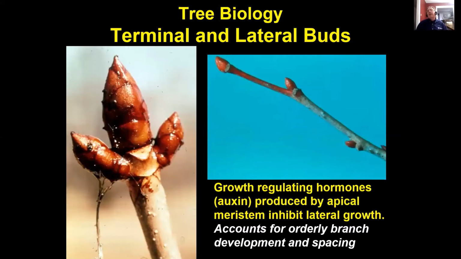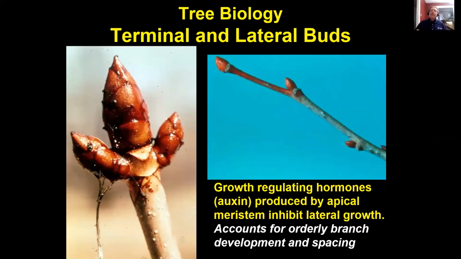The other thing we've got to understand biologically is there's communication going on within the plants. It's done through hormones, and the terminal buds, the buds at the tips of branches and at the tip of the central leader, are communicating with all the buds further on down the stem, and they are inhibiting them.